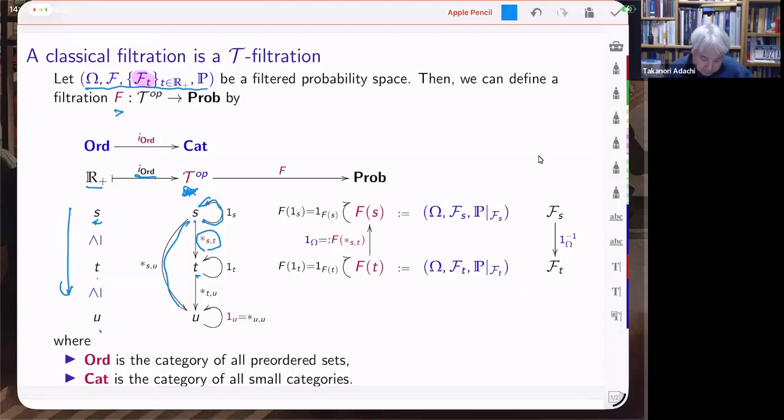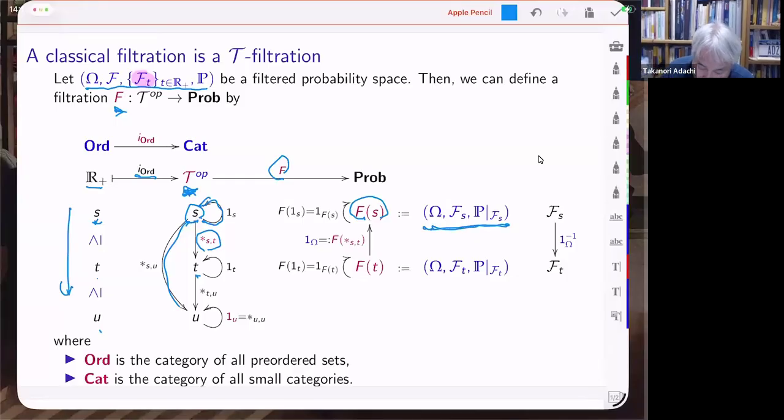So we get T. Then the remaining is how to build this filtration F, which is a functor. Say that for time S, we have the probability space F of S, and then we define F of S as this triple. The underlying set omega is the same as the original classical filtration's omega.